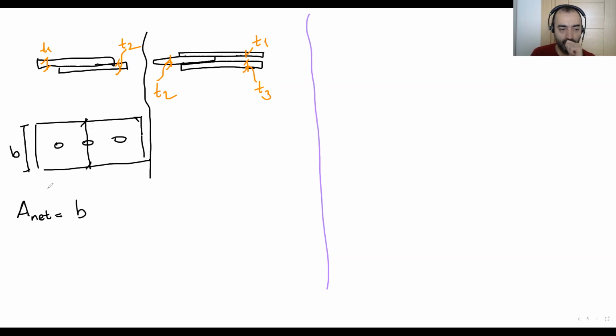B is the total width of the section minus the bolt holes, right? We don't know how many, times T min.